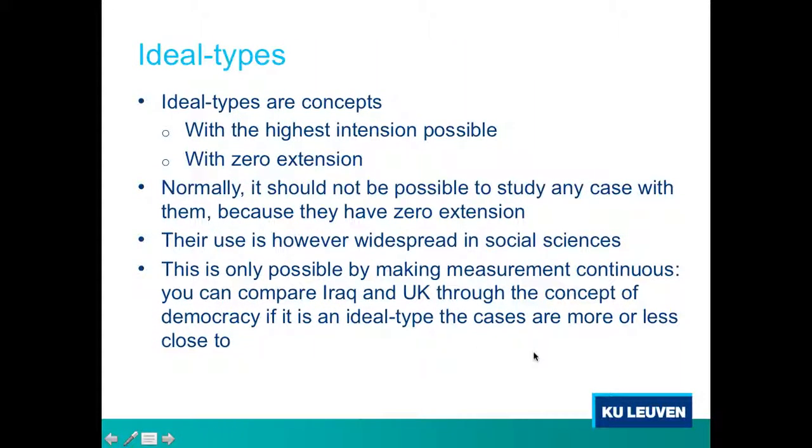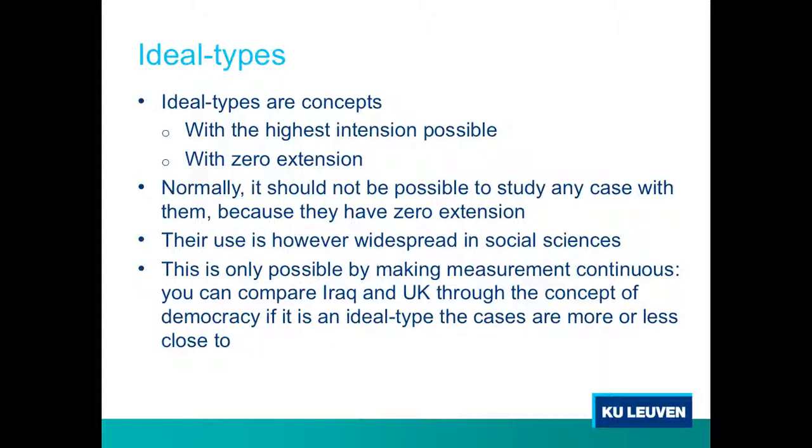Finally, there are ideal types. Ideal types have three attributes. Ideal types are concepts with the highest intention possible. They are defined in the most detailed way possible. The name ideal type speaks for itself.